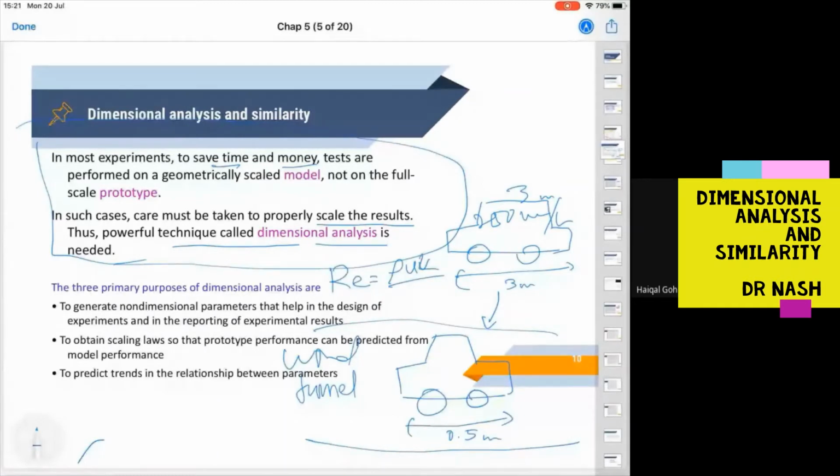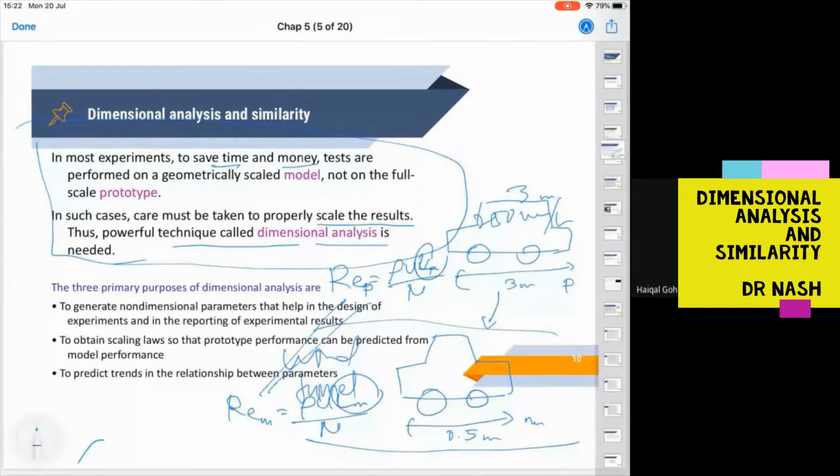Okay, this one we name it as prototype, Reynolds prototype, and then this one also has Reynolds number. This one usually we name as model, Reynolds model, equals rho u L model over nu. So definitely L model and L prototype are different, right? Then we have to manipulate the others so that we can have exactly the same Reynolds number. Okay, we will look at it later after this.